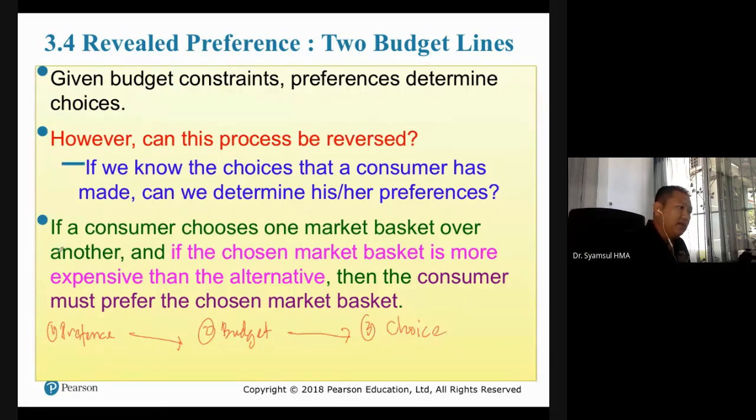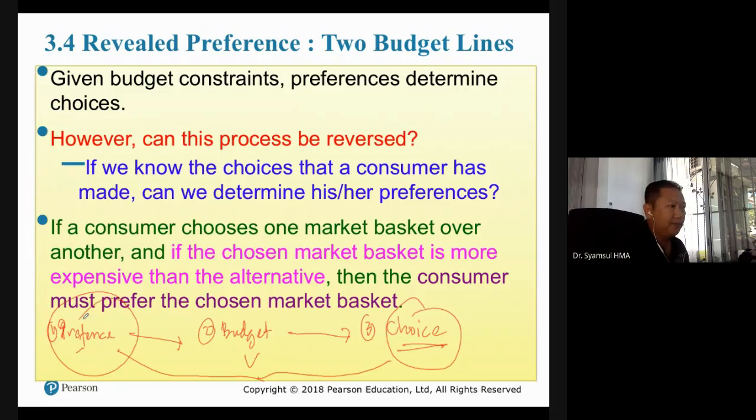Normally we understand this first, then this, then we know the choice. But we can also reverse the process by knowing the choice to determine their preference. This is what we call revealed preference.